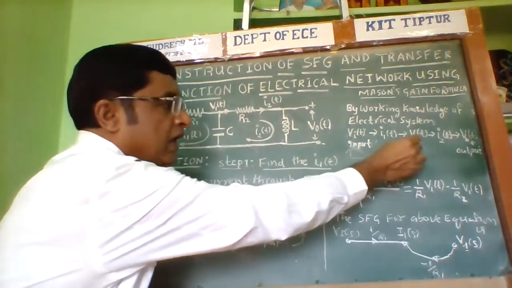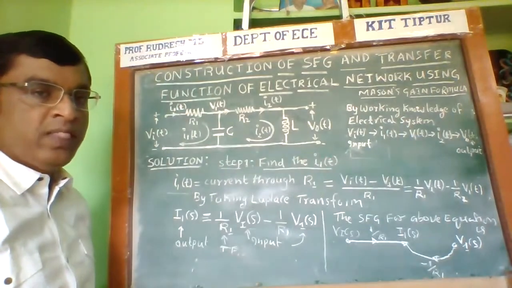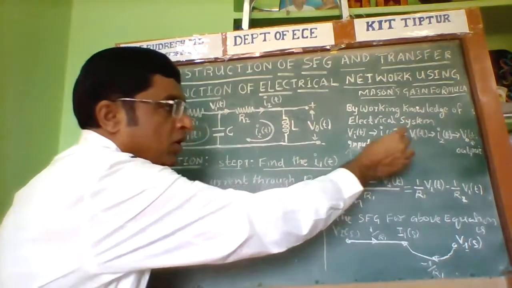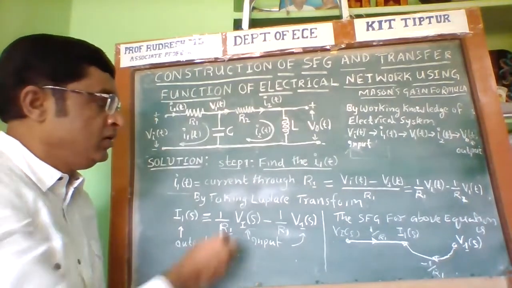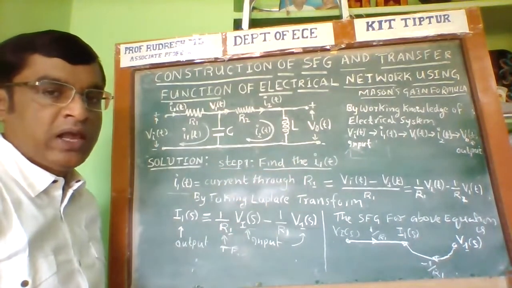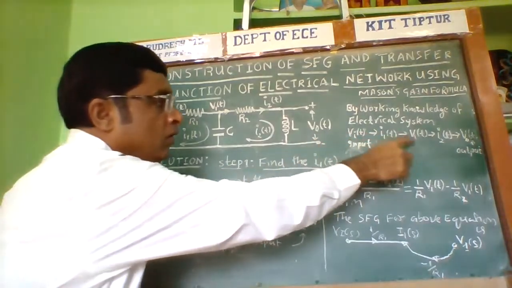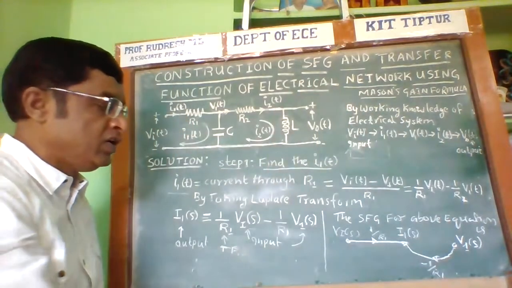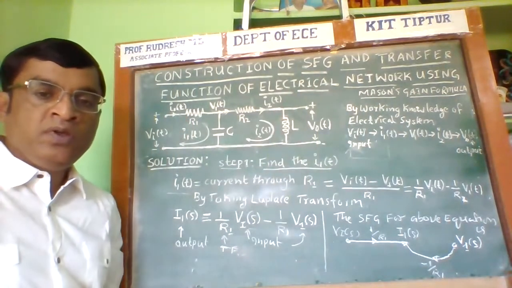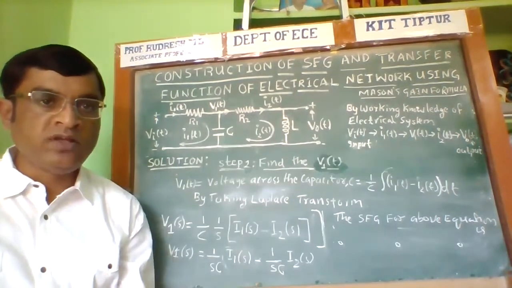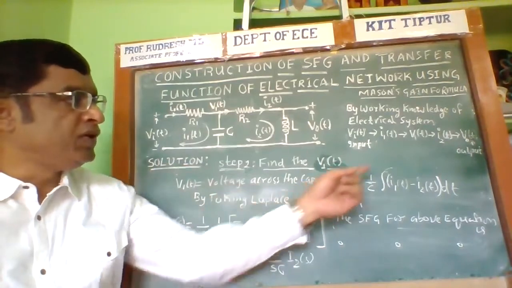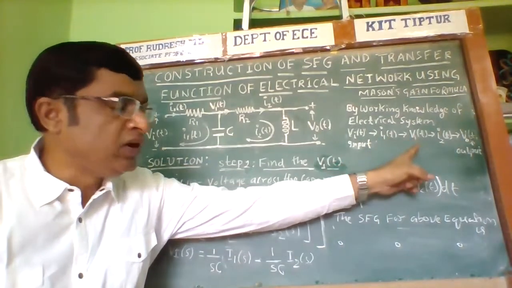V1 of t is the output and I1 of t is the input for the next section. In step 2, we go for calculating V1 of t.